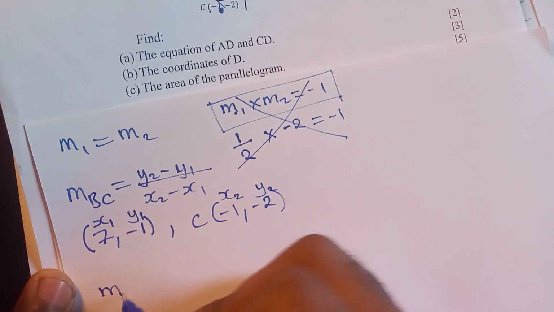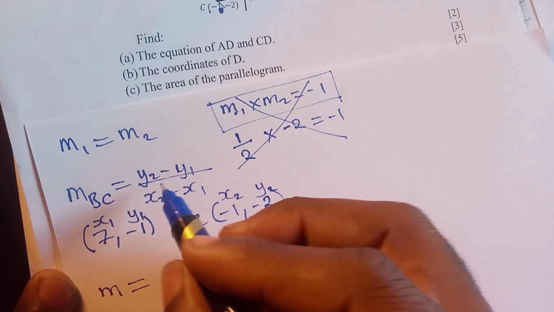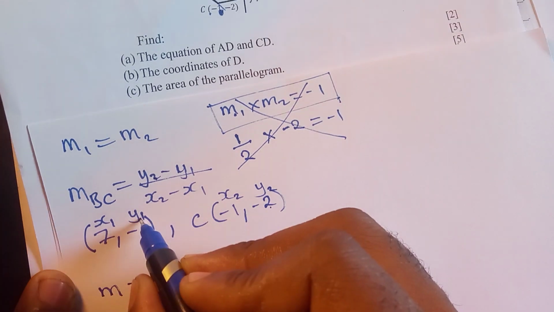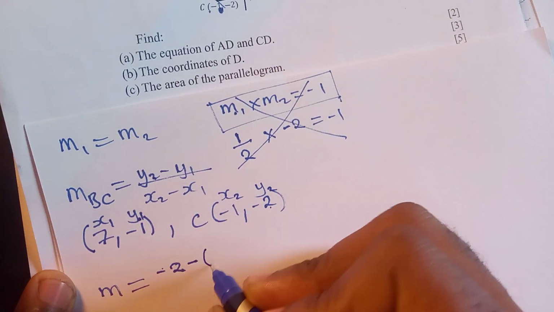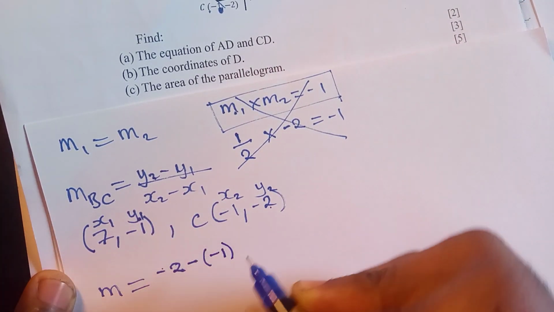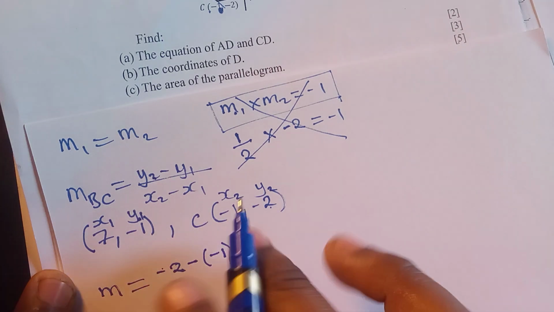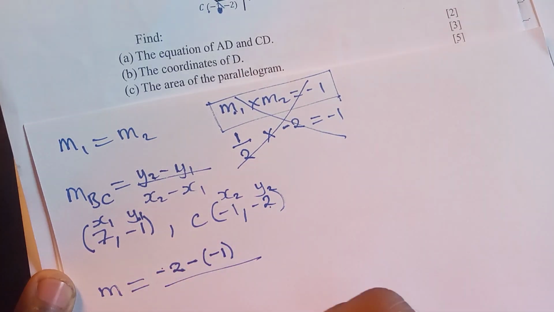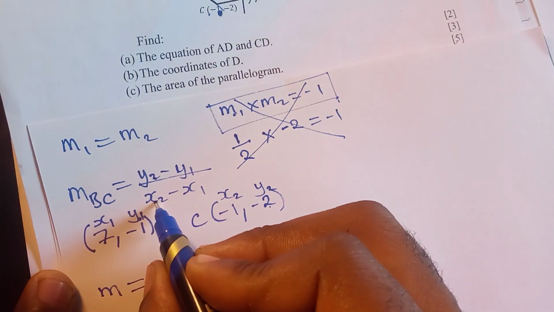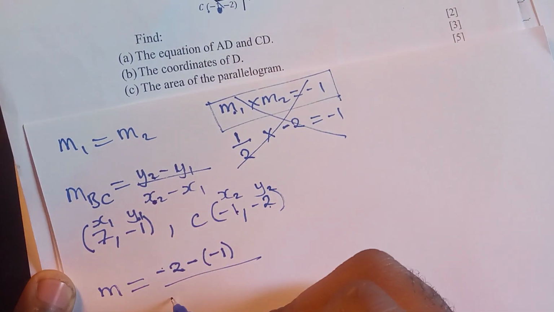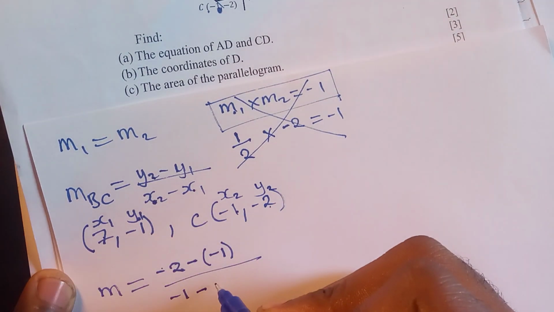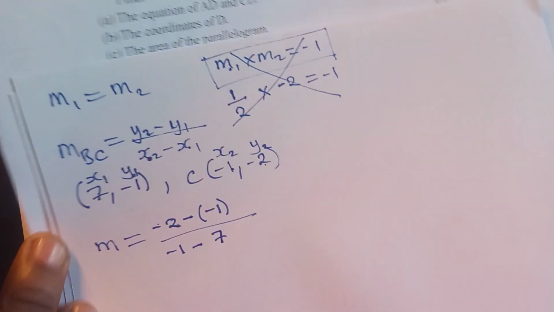So the gradient will be, our y2 is -2, then our y1 is -1. The order doesn't matter. Then we have x2, which is -1, minus x1, which is 7.